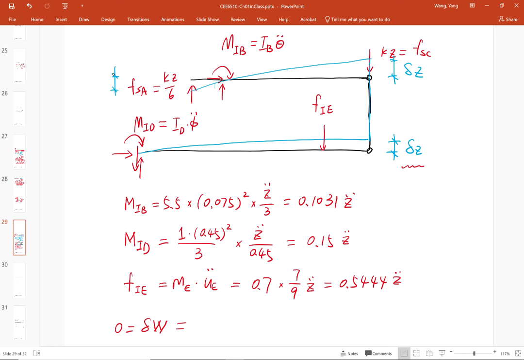Okay, so the left side needs to go down by delta Z divided by 6. So remember that is A, B, C. Length of AB is 50 millimeter. Length of BC is 300. So that's 1/6.